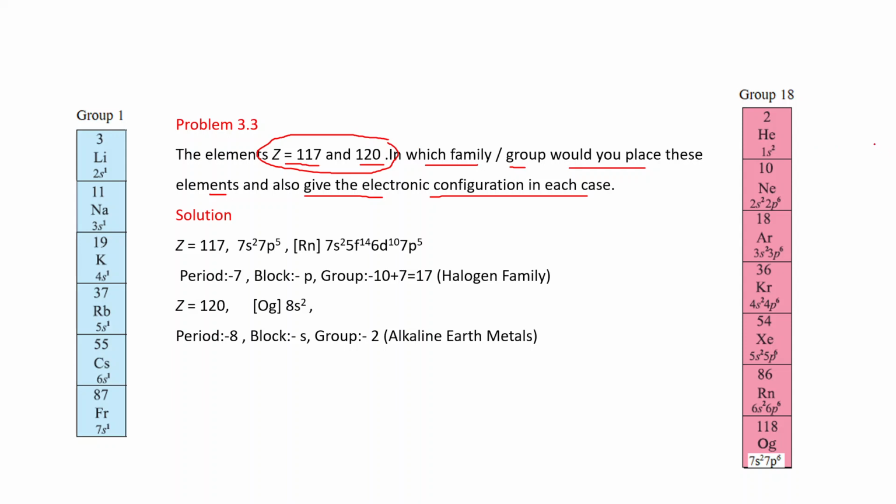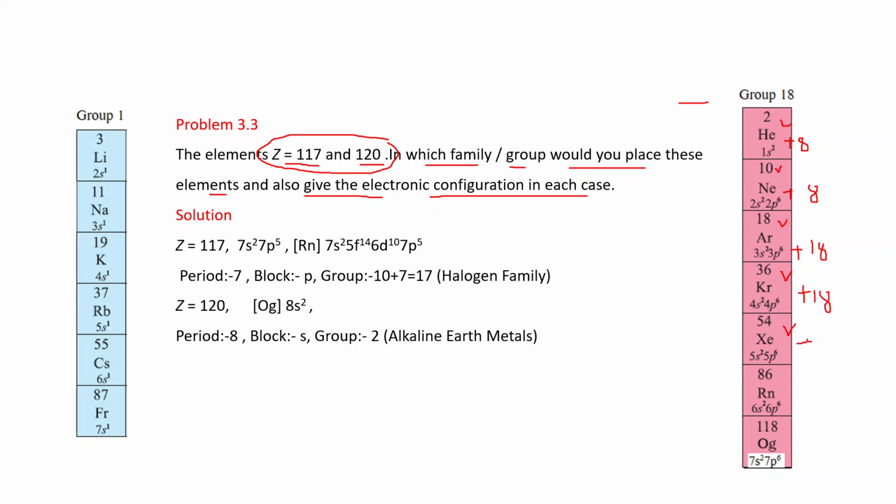If you observe the atomic numbers of group 18 elements, these are given. The atomic number is 2, and when you add 8, this will become 10, the next member. Then again you add 8, and this will come to the next member, 18, argon. Again if you add 18, this will come 36, krypton. And again if you add 18, this will come 54.